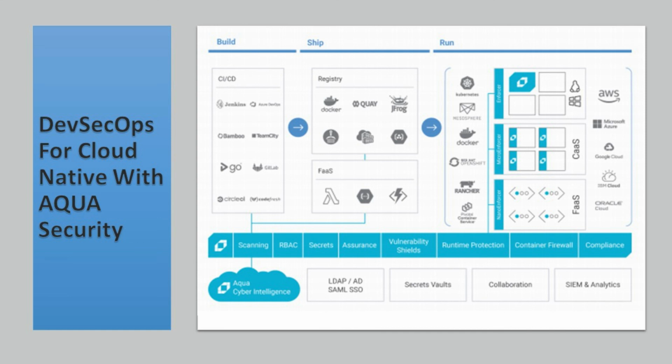Third one is CI/CD integration. Natively integrates with Azure DevOps, Jenkins, Bamboo, TeamCity, GitLab, and most other tools in the DevOps toolset. Aqua scans images as they are developed and gives actionable feedback to developers within their IDEs.